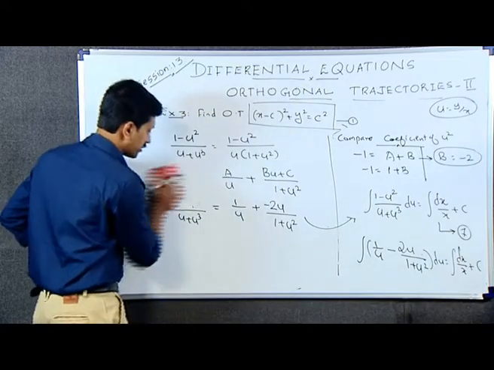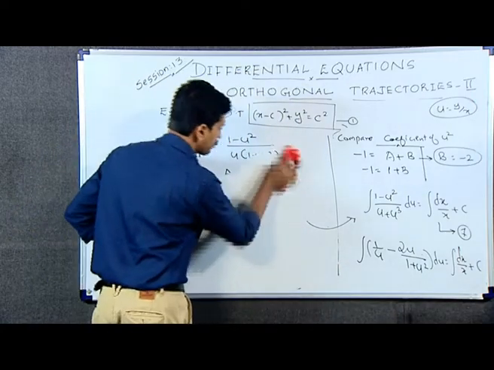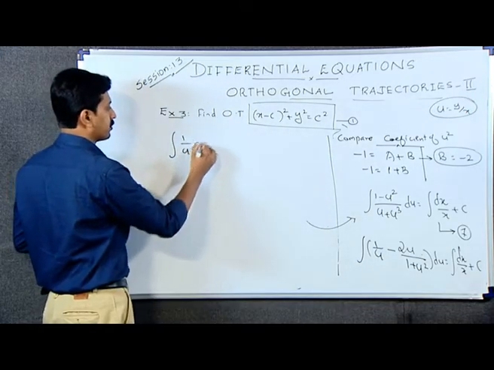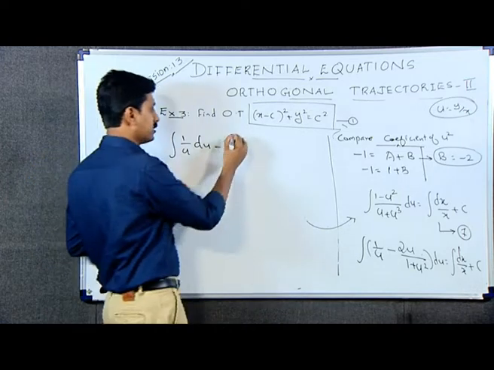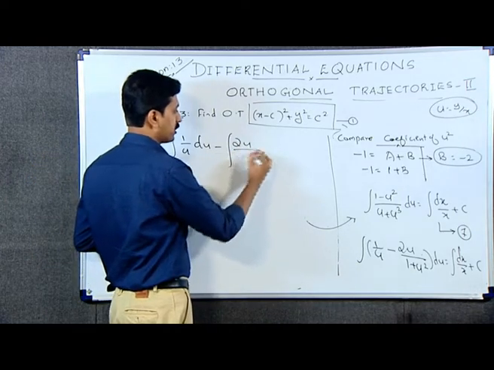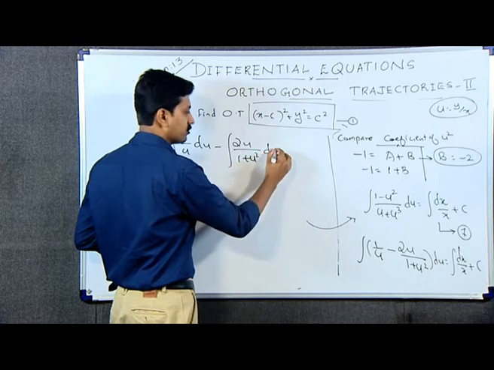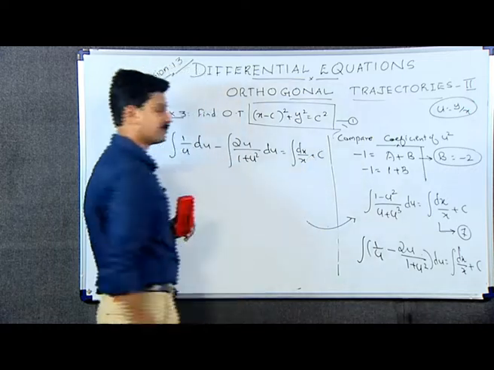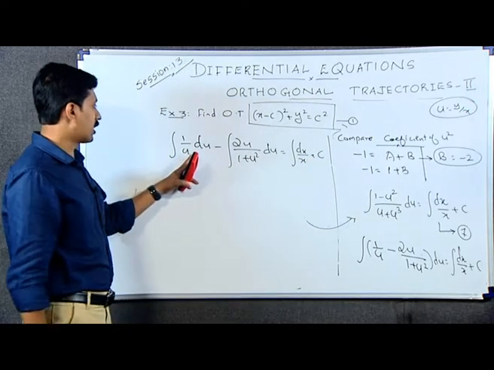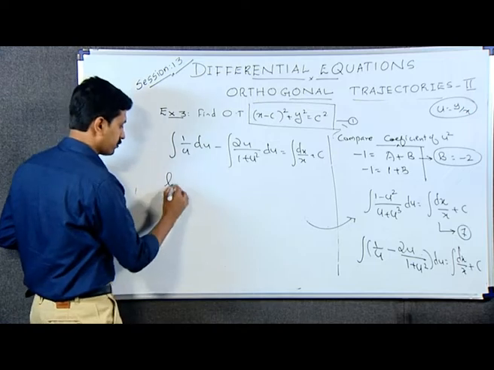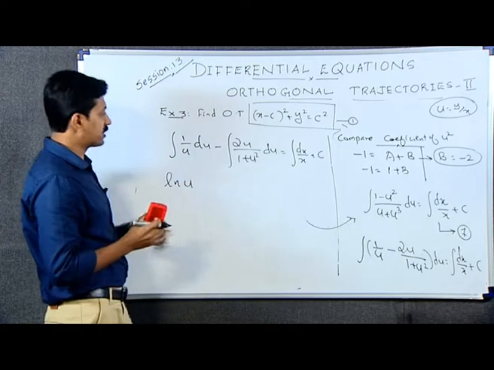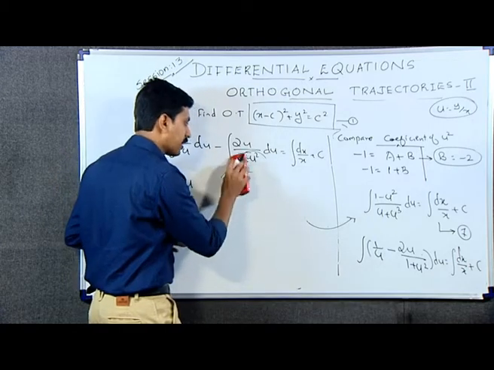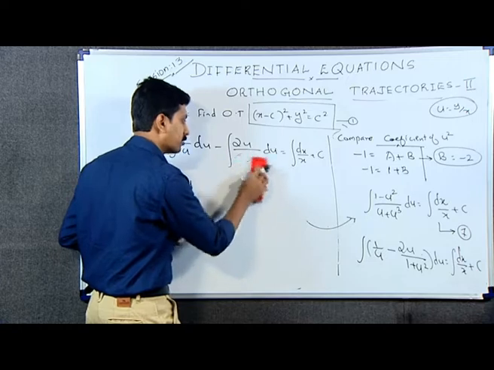So we can write this as the integral of 1 by u du minus the integral of 2u divided by 1 plus u square du, equal to the integral of dx by x plus c. Now we are able to solve this. The integral of 1 by u is log u, and here the derivative of 1 plus u square is 2u, which is in the numerator.